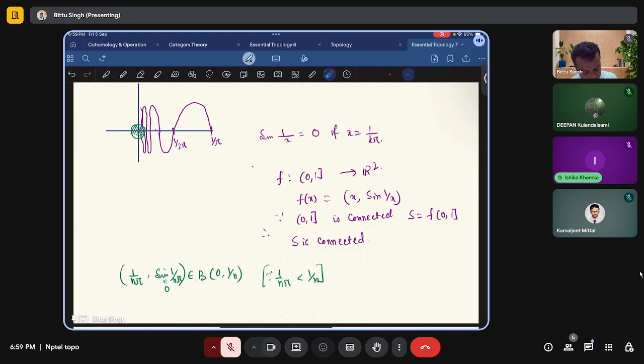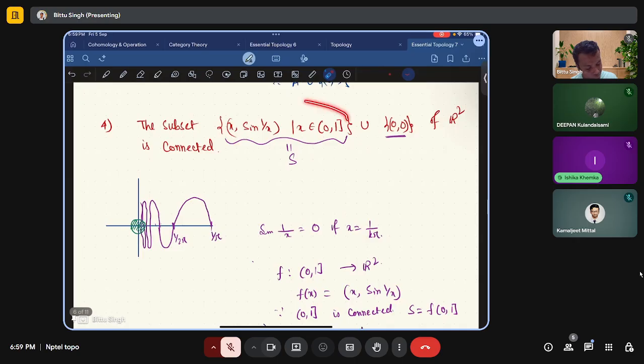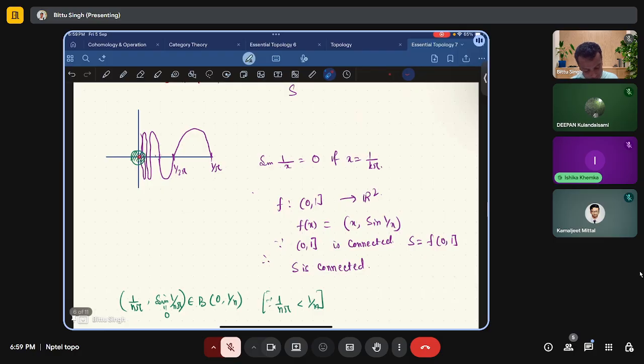So there are points on the graph of this function which belong to whatever neighborhood of the origin you choose, where O means origin.